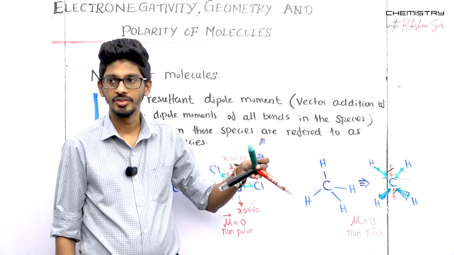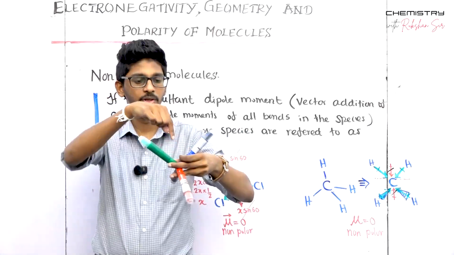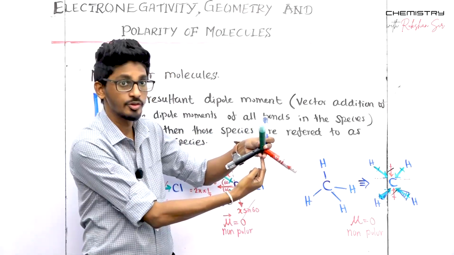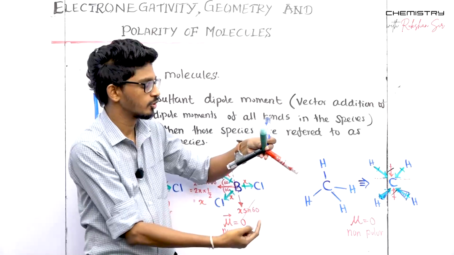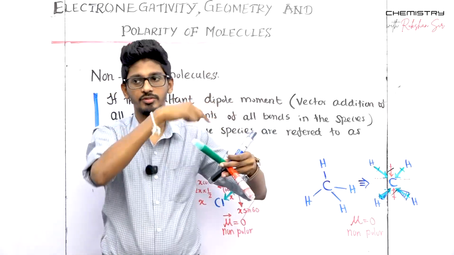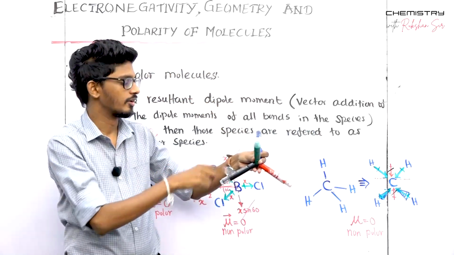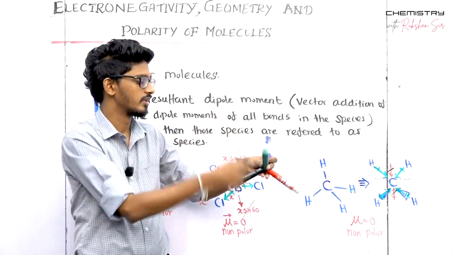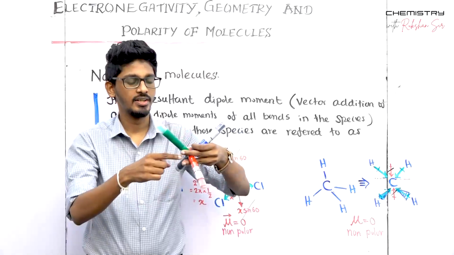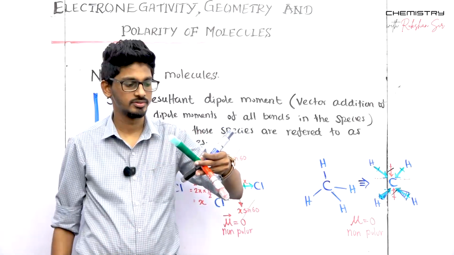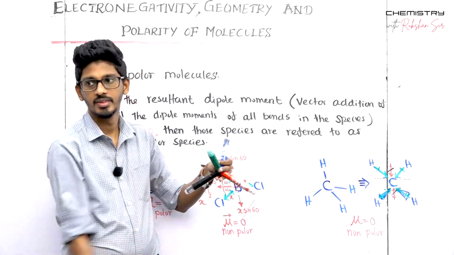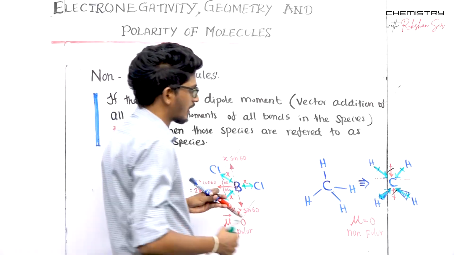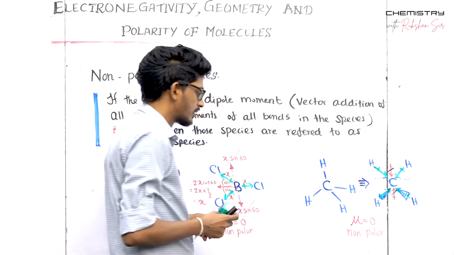When it comes to vertical resultants, these two guys will produce a vertical resultant like this, and these two guys will produce a vertical resultant like this. So those two will also cancel off, as all the 4 bonds are equal, up and down will cancel off. Horizontal things will also cancel off. Right? Okay. So that is how CH4 comes up with a 0 net dipole moment.